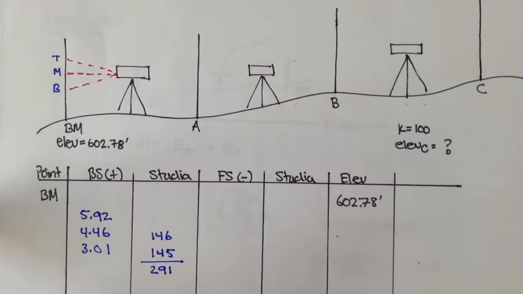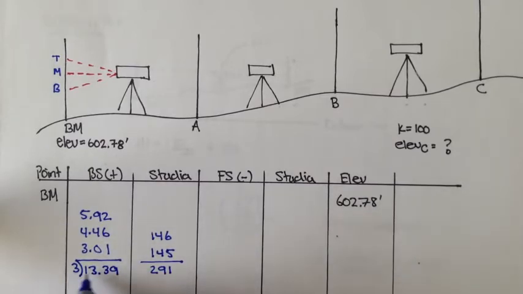The second step is you want to add these 3 measurements, the top, middle, and bottom. And when I add them, I get 13.39. Okay, let's divide by 3 and make sure it's close to our middle reading, our 4.46.